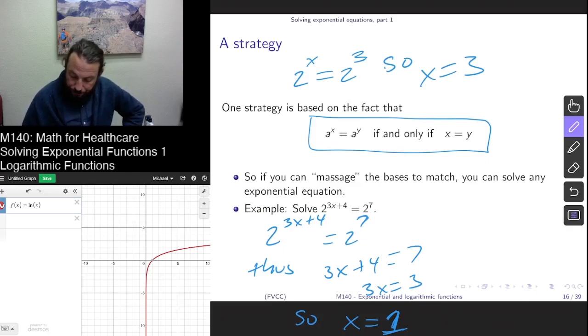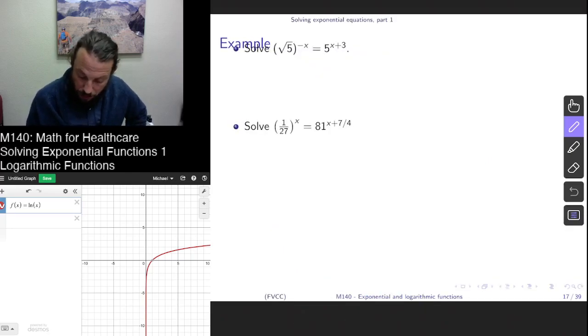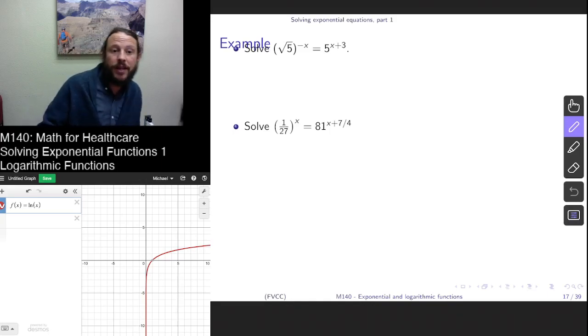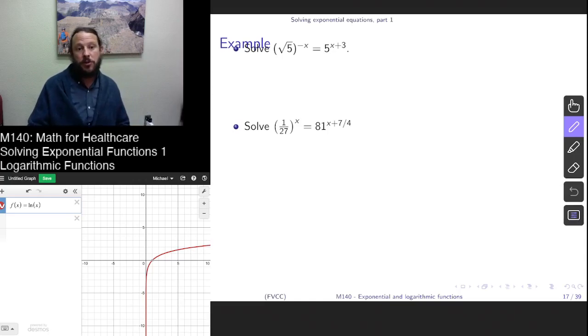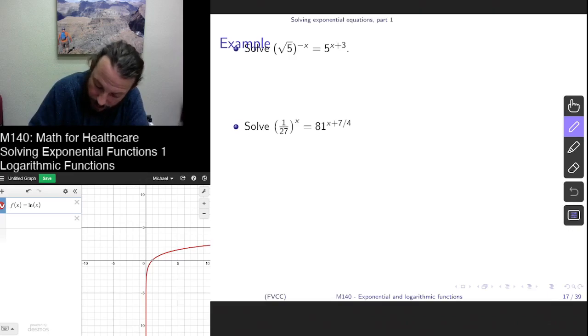Now let's look at a couple more here. Solve square root of 5 to the negative x equals 5 to the x plus 3. Here we need to use the fact that square root of 5 is equal to 5 to the 1/2.